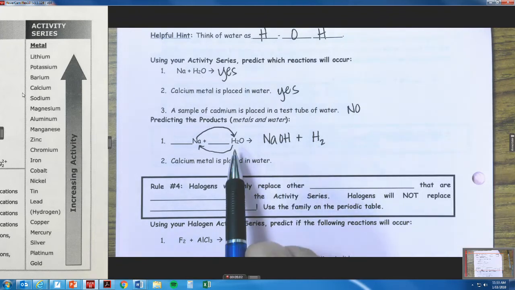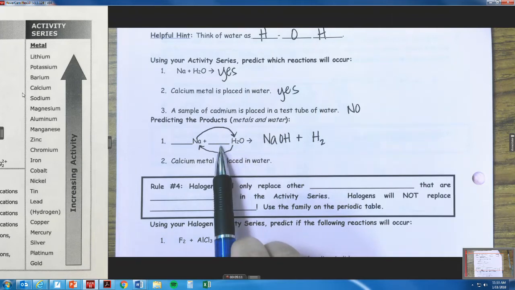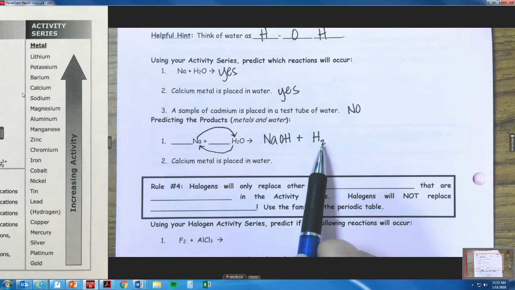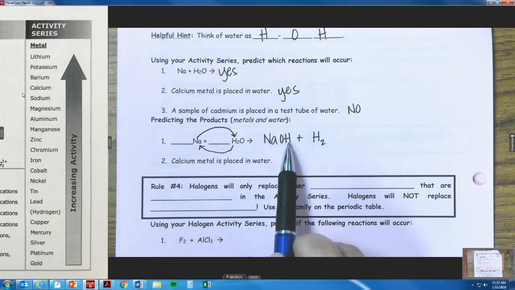Okay, if you take a look at the hydrogen on your product side, your hydrogen has a subscript of 2. So no matter what coefficient you put in front of your hydrogen, it will always be an even number. Okay, but if you look at our other side, hydrogen, you have a subscript of 1.